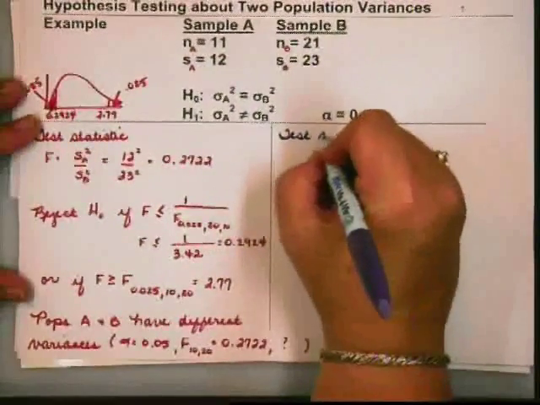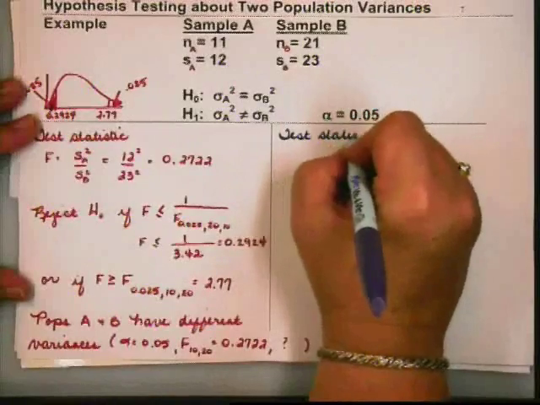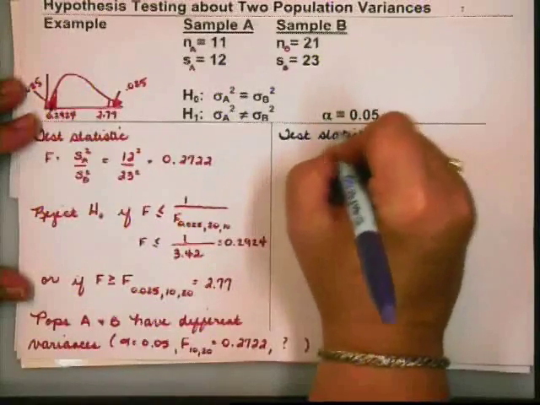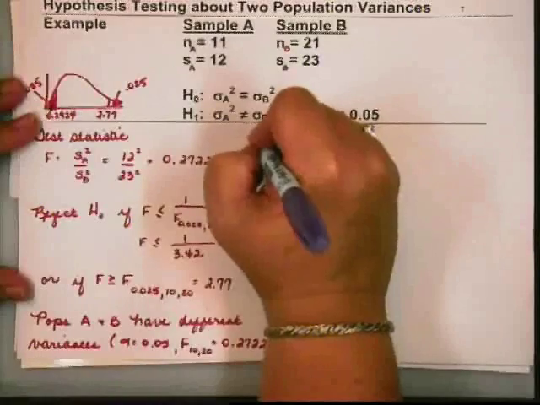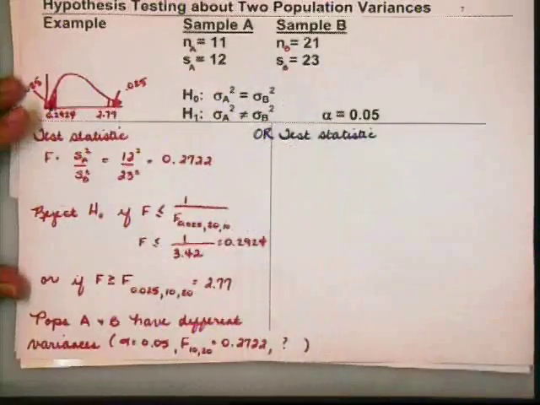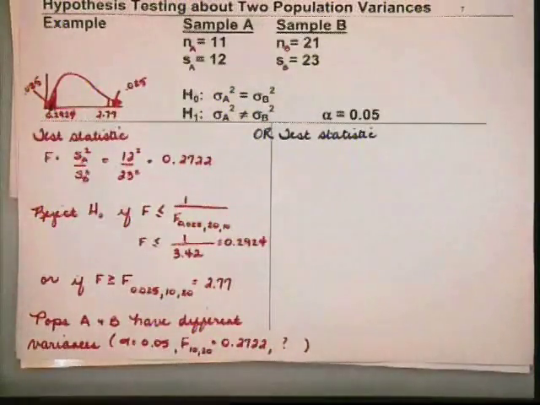So the other way we could have done this, at the top of this column, we could write a great big or. Test statistic is what?